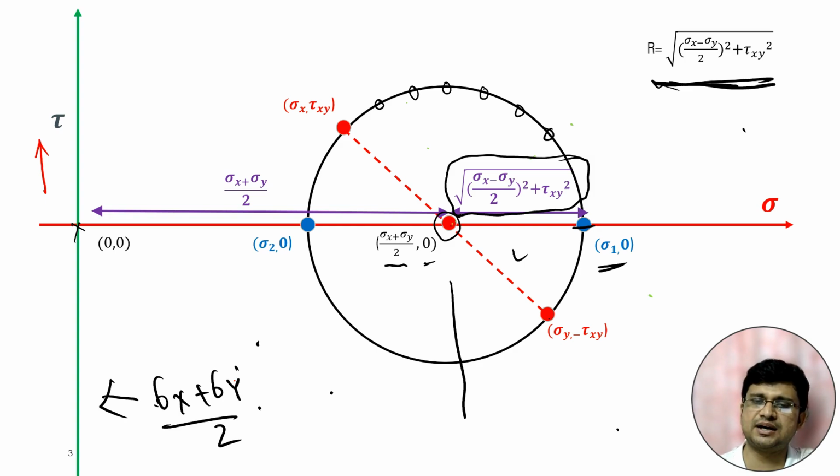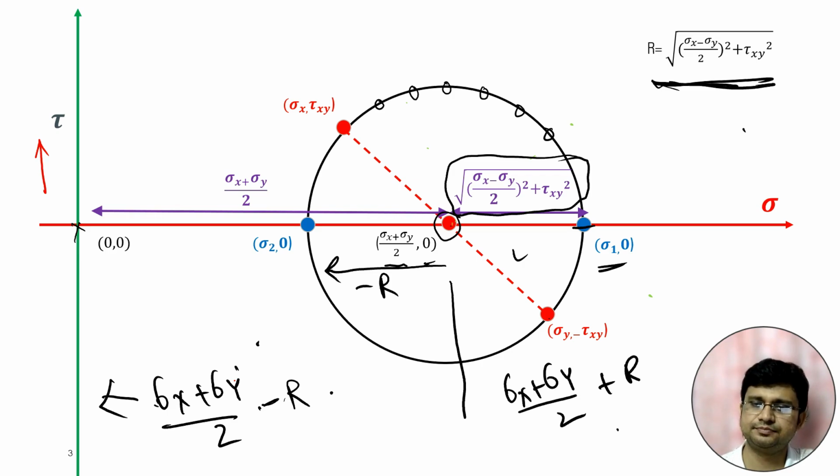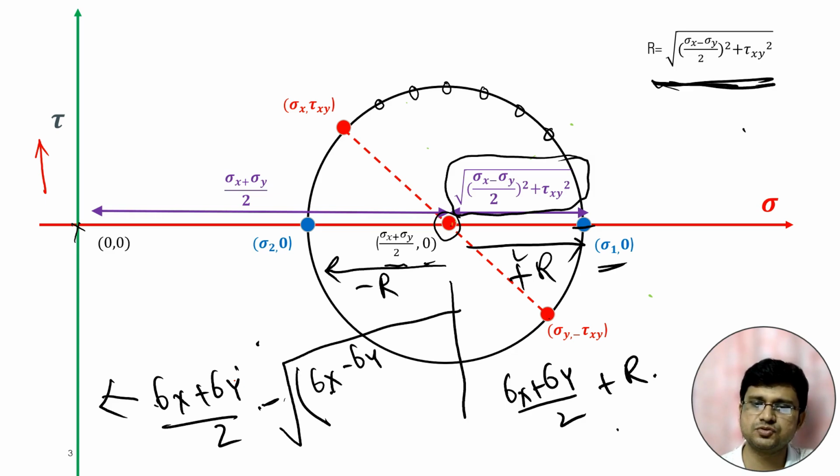So how much will be the minor principal stress? Minor principal stress will be sigma x plus sigma y by 2 minus r. For major principal stress, it will be sigma x plus sigma y by 2 plus r. Here r is root of sigma x minus sigma y by 2 squared plus tau xy squared.